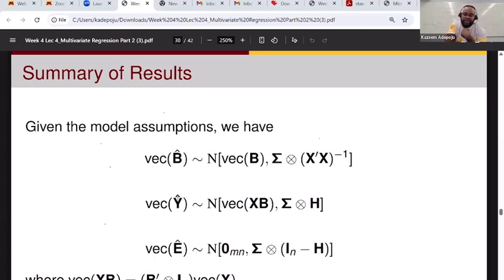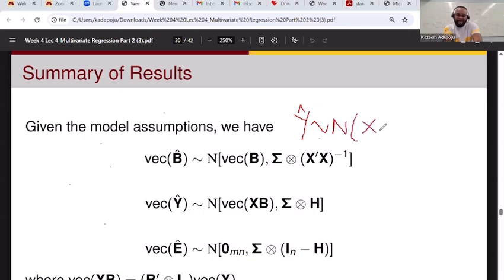And of course, if I want to perform inference on predicted Y, when I say predicted Y here, I'm talking about when you have more than one response. That's a lot of responses. That's why the vec is coming in. So the distribution of that, we're going to say, follows normal distribution with the vec of XB. Of course, when we were dealing with one response variable, it was just Y that followed a normal distribution with just XB.